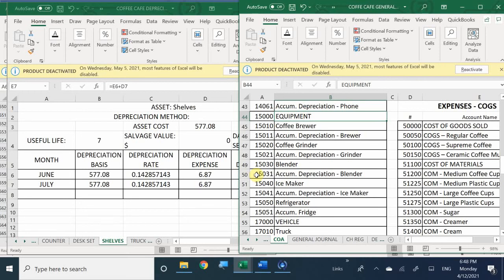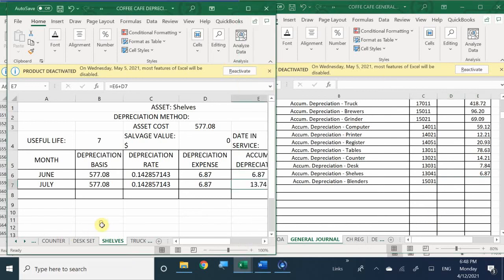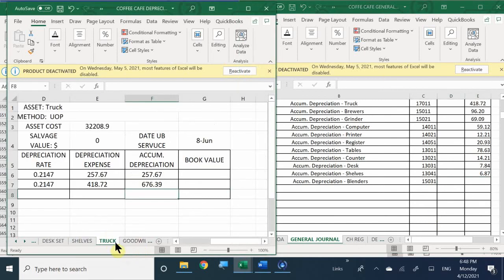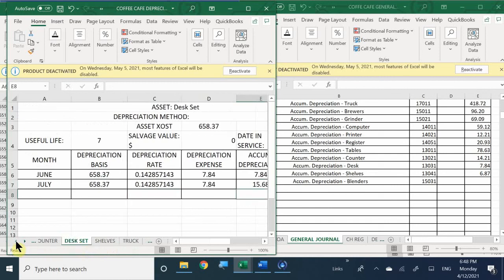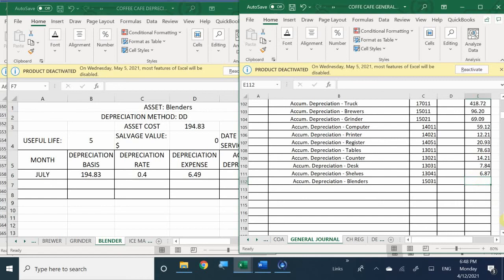Okay, 1531. All right, and let's see what the blender's amount was for. Here we are, blenders. Okay, and the amount of depreciation on the blenders was $6.49. Okay.